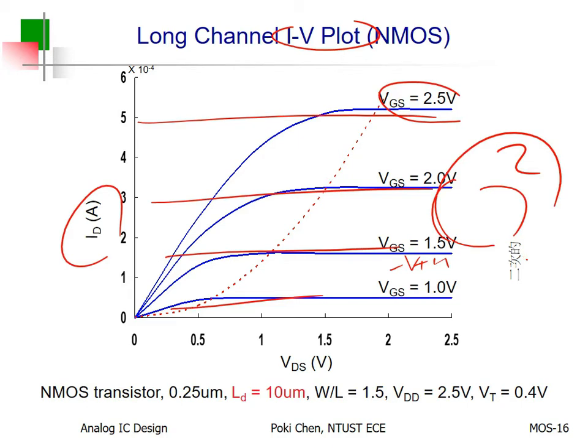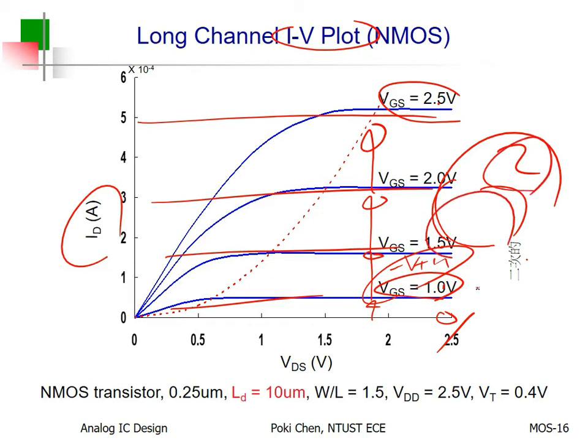So if you increase VGS linearly, VGS minus VTH, from 0, 1, 1.5, 2, 2.5, you can see the space between the curves becomes larger and larger, according to the square of the overdrive voltage.